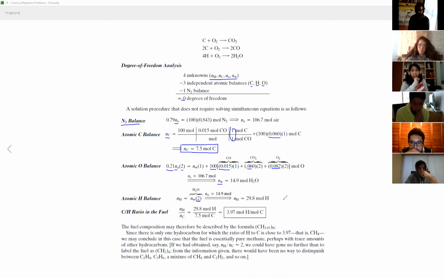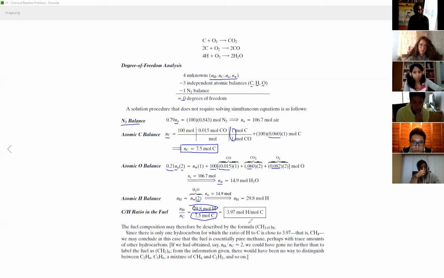And now we need to answer the questions. So it tells us what the fuel could be, right? To see what the fuel could be, we can do a relation of hydrogen to carbon. In this case, if we divide the number of moles of hydrogen by the number of moles of carbon, we're going to find that the relation is around 4, right? 3.97 moles of hydrogen per each mole of carbon.